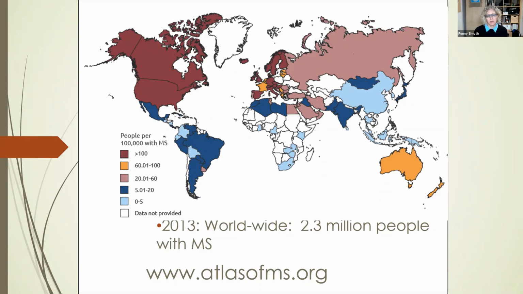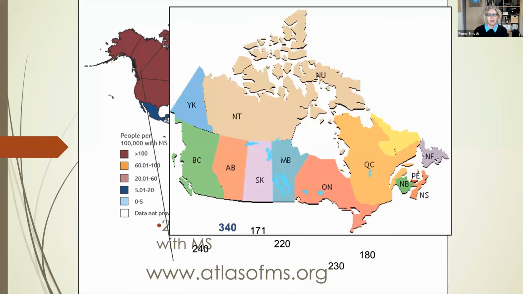Because Canada has one of the highest rates of MS in the world, and Alberta is thought to have the highest rate in Canada. So it's a very significant issue for our Albertan population, and we have the opportunity here to study it and provide some groundbreaking research results which can help guide the world.